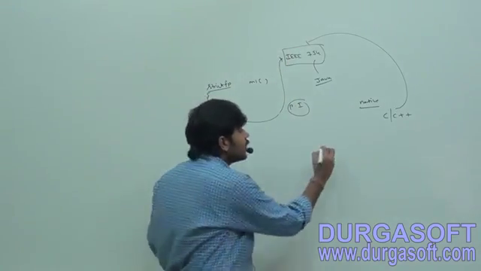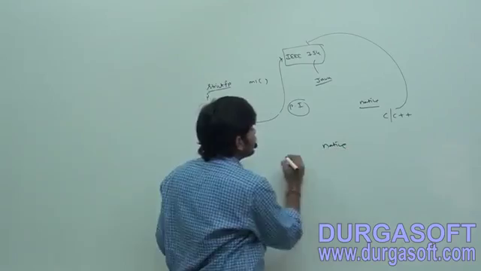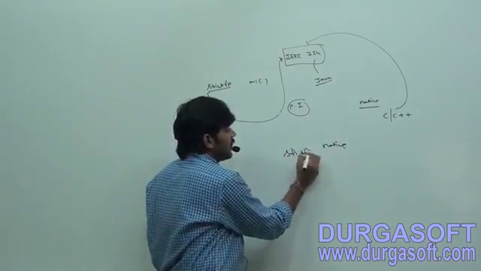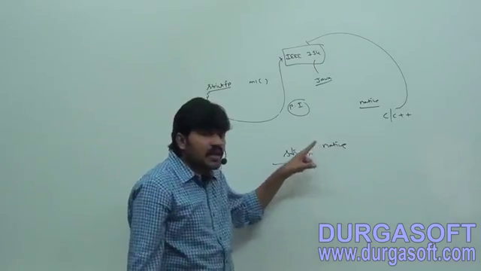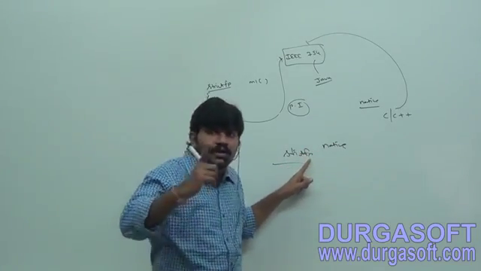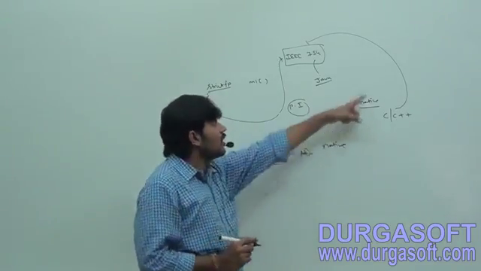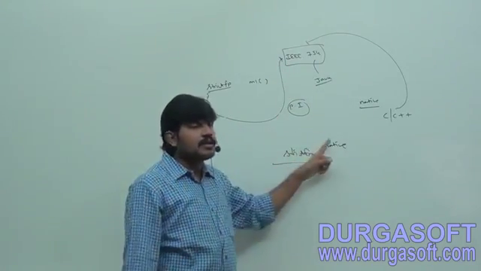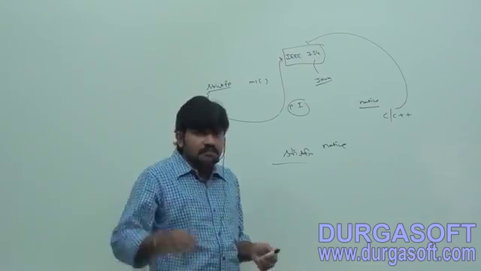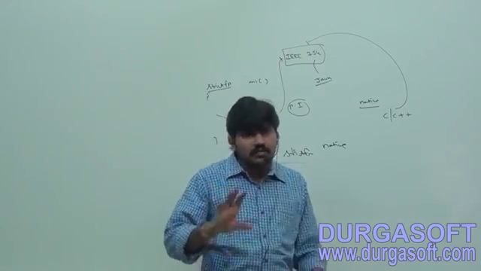That's why declaring a native method as strictfp is meaningless. We can't declare a native method as strictfp because there is no guarantee old languages follow IEEE 754 standard or not. That's why native strictfp combination is illegal combination for methods.